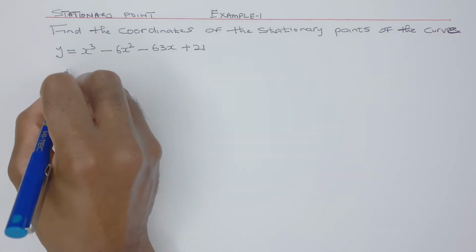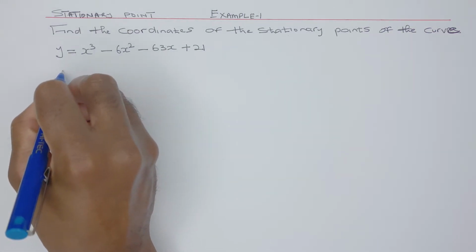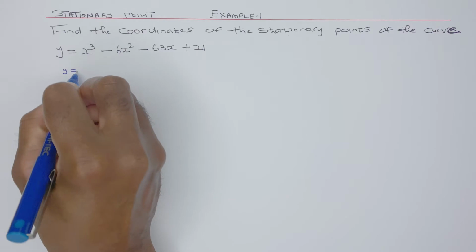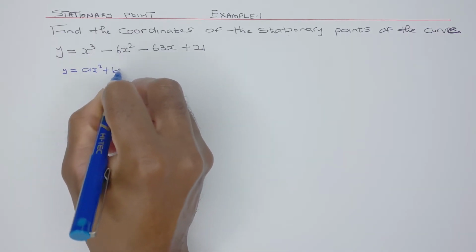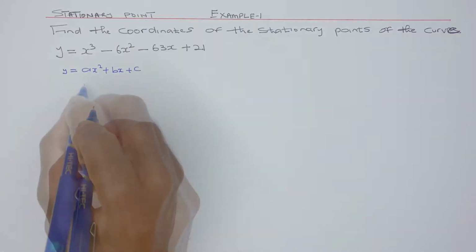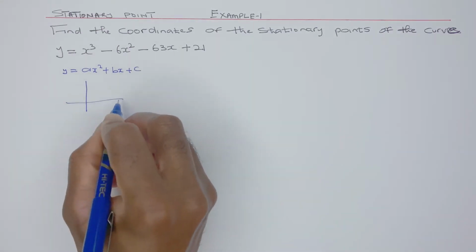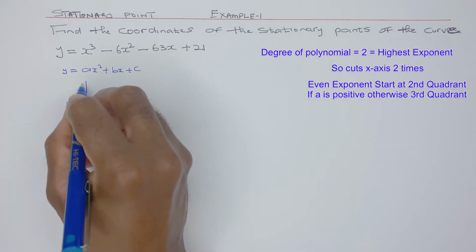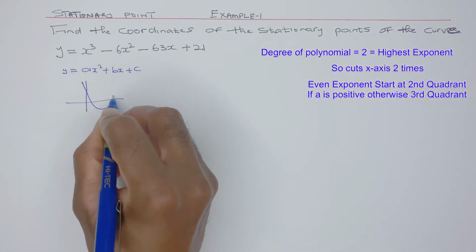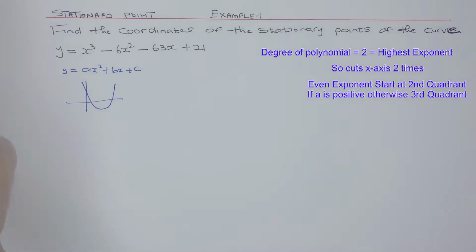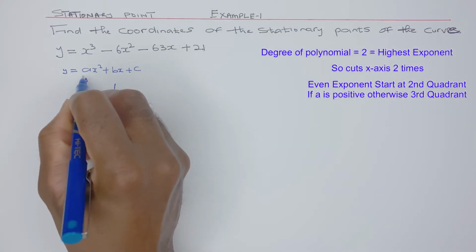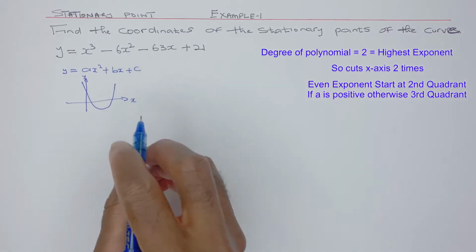For a quadratic curve where y equals ax squared plus bx plus c, when you sketch that curve, it's more like that. That's for a positive quadratic, where a is positive. This is y, and that's x.